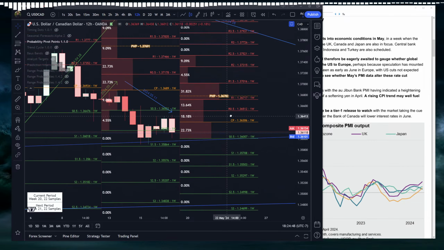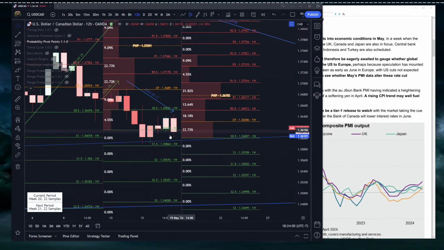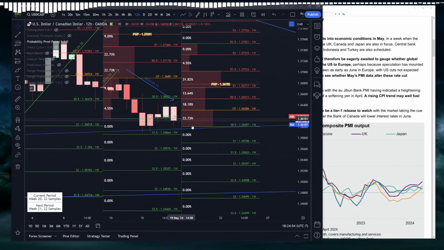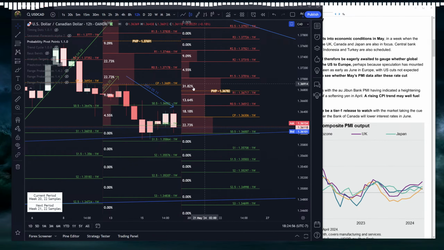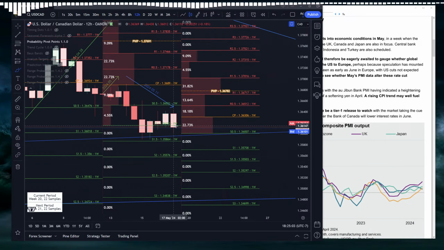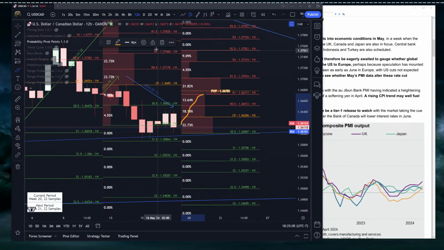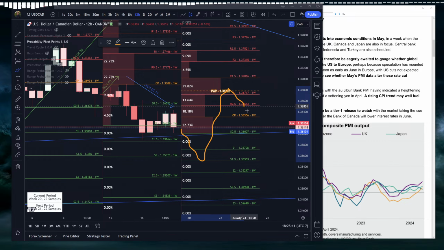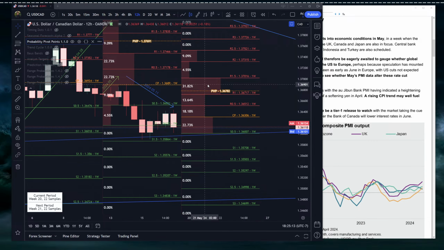Looking at next week, though, there's some continuation odds lower, but you do have this big fat 30%er right there. So seasonally, you're getting something that either looks like this or probably like this, a super volatile week.